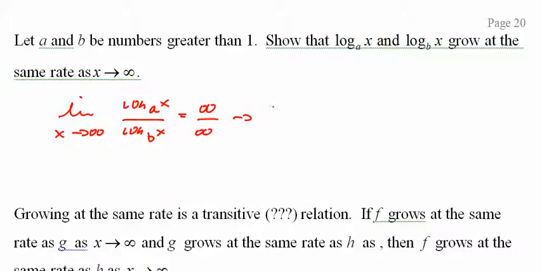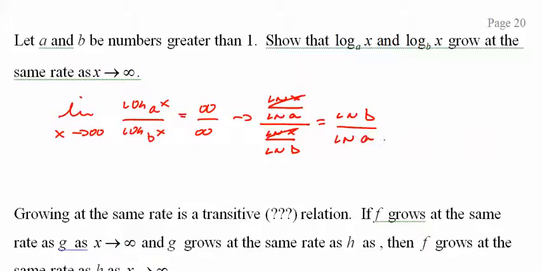I believe it's natural log of x over natural log of a over natural log of x over natural log of b. These cancel. And I get natural log of b over natural log of a. So they grow at the same rate.